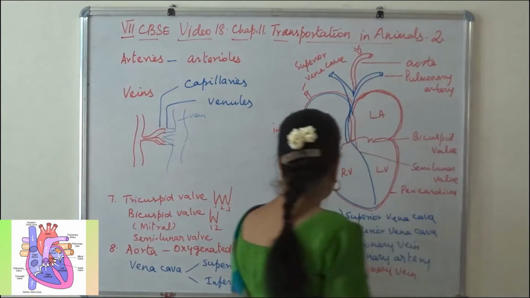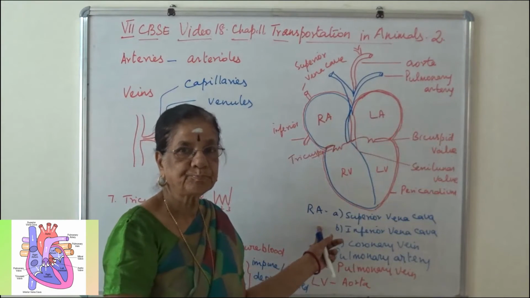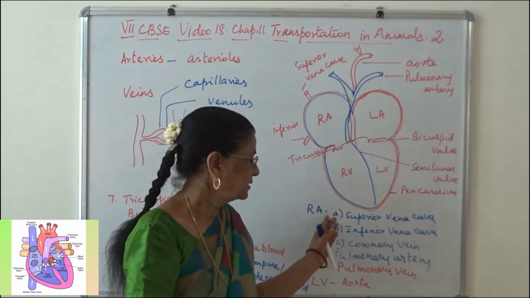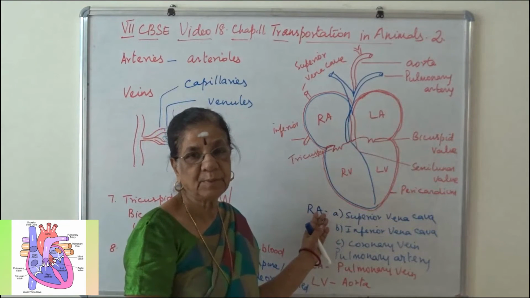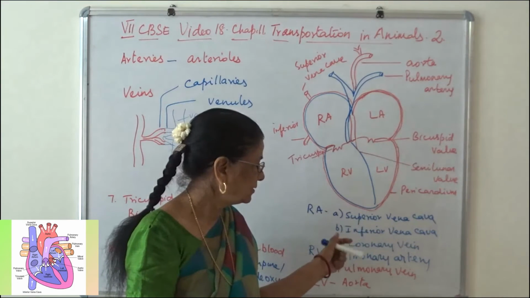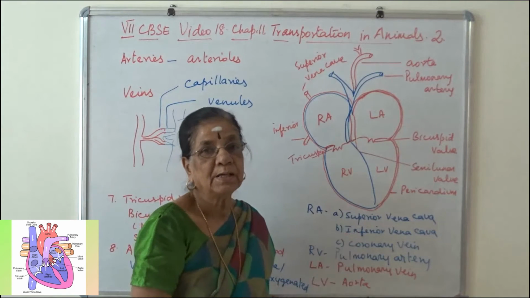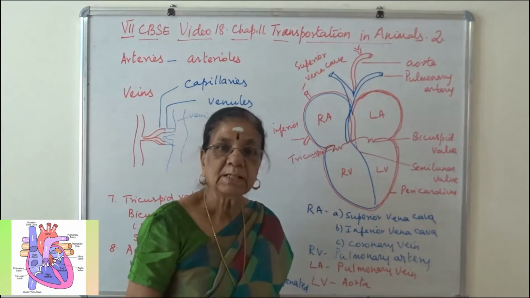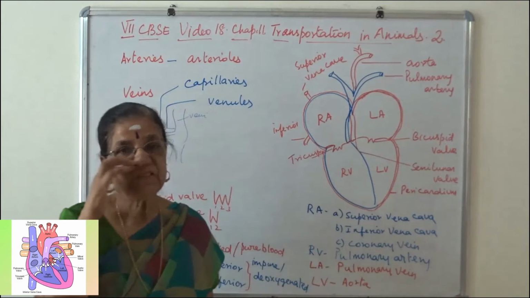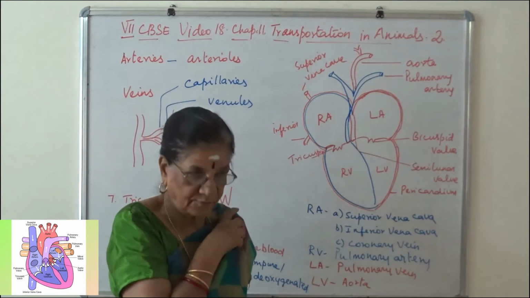As we say, the right atrium is collecting blood from superior vena cava, inferior vena cava, and one more I have to say: the heart itself is supplied with artery and vein.